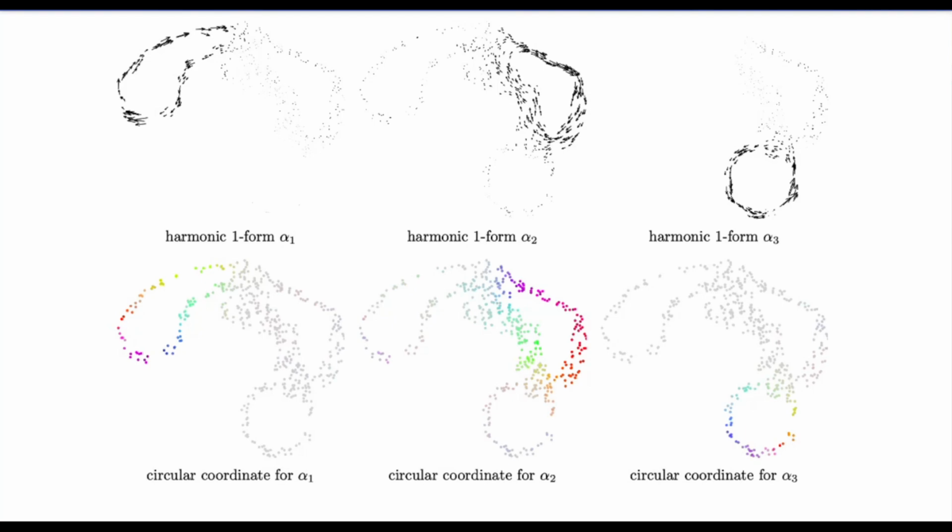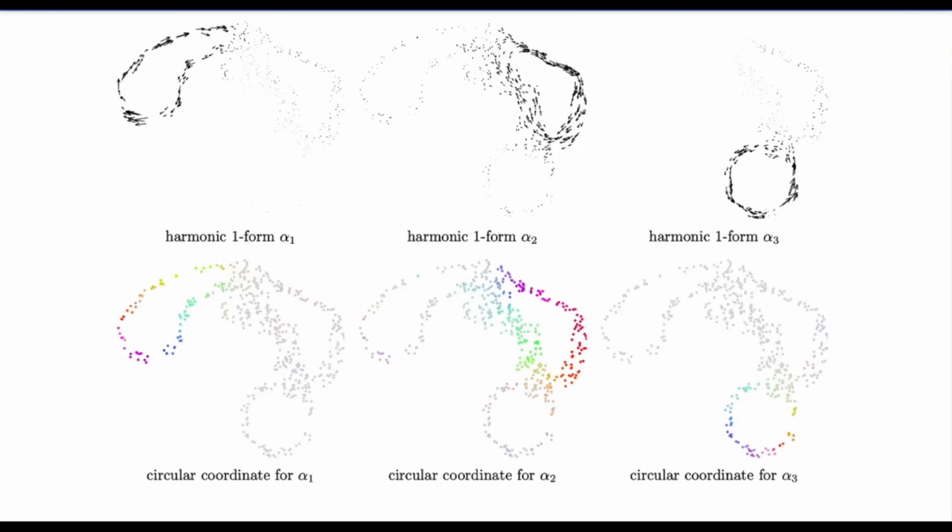Here we're taking data that has holes in it, on the left and the right and the bottom. There's an operator called the Hodge Laplacian that acts on one forms, and the forms in its kernel basically characterize the topology of the space.